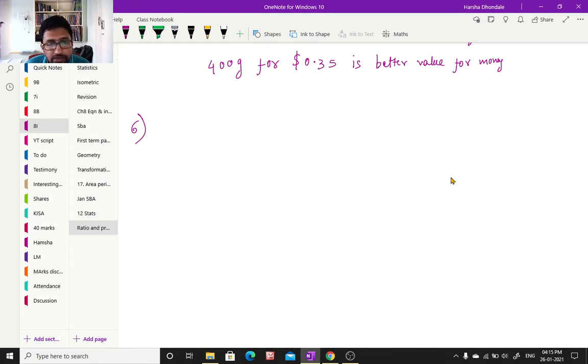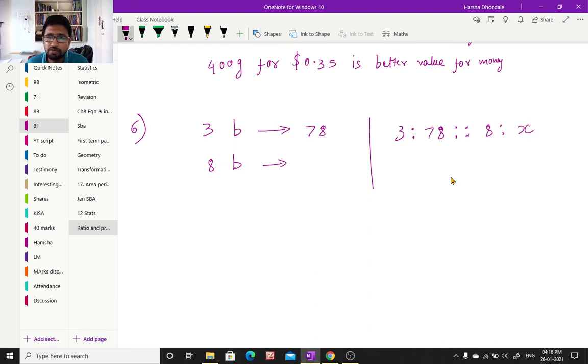3 boxes contain 78 chocolates. 8 boxes will contain how many chocolates? So here you can make use of unitary method or you can make use of ratio proportion. 3 boxes will have 78 chocolates, so that will be proportionate with 8 boxes having how many chocolates? I don't know how many chocolates, x number of chocolates.